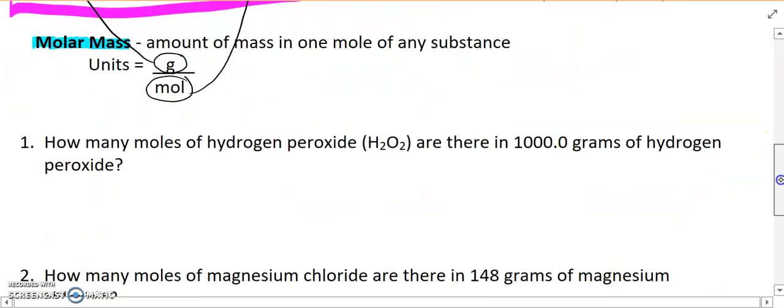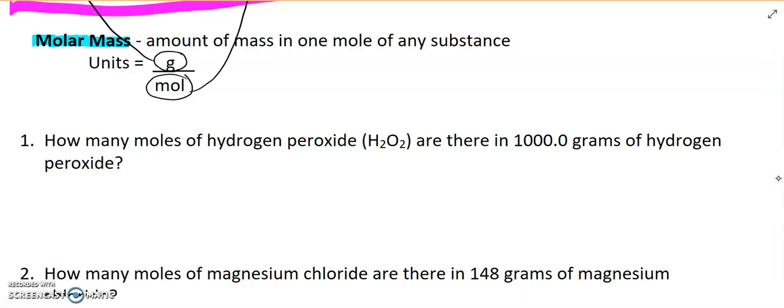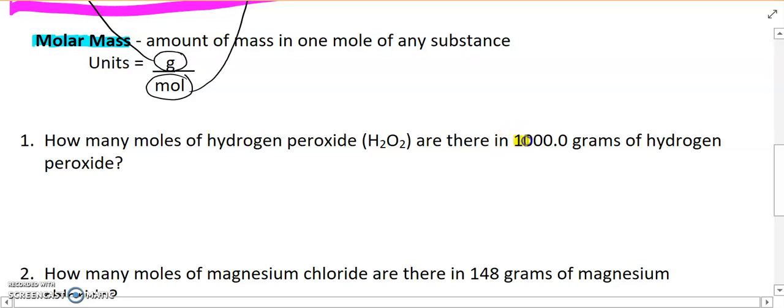So if we take a look at problem 1, it says, how many moles of hydrogen peroxide are there in 1,000 grams of hydrogen peroxide? Now, chemistry problems are all set up the exact same way. They give you a number that becomes your starting point.